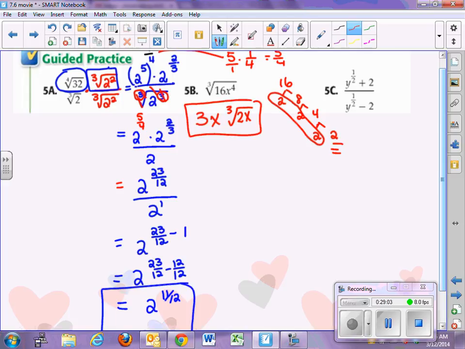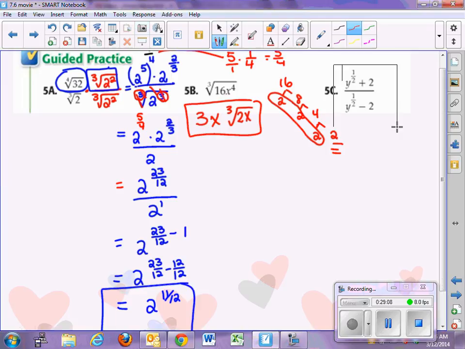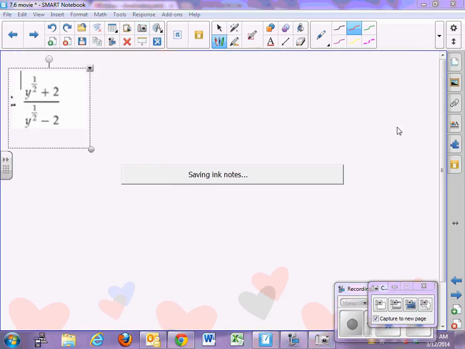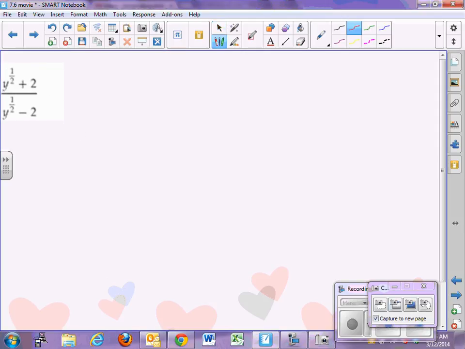For 5c, I'm going to actually cut it out and do it on the next page because I'm going to have to multiply by the conjugate. And this is a bit of a process. Okay, I'm going to multiply the top and bottom by y to the 1/2 plus 2.